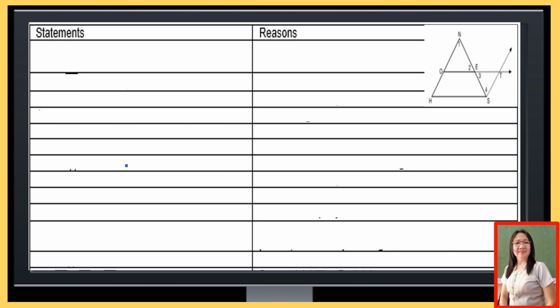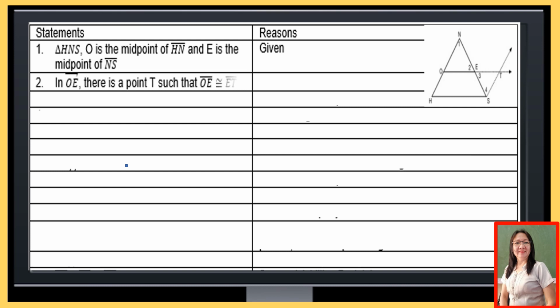Now let us look at the formal proof of our theorem. We have the column for the statements and the column for the reasons. Of course, we have to indicate that in triangle HNS, O is the midpoint of segment HN and E is the midpoint of segment NS, which is indicated in our given. Then, in our ray OE, there is a point T such that segment OE is equal to segment ET.